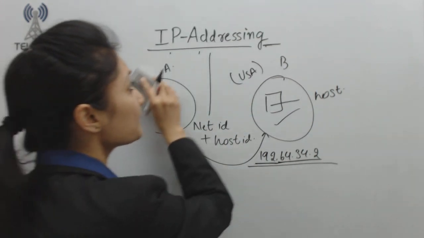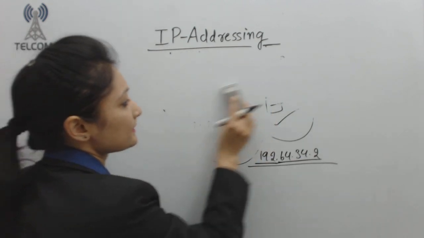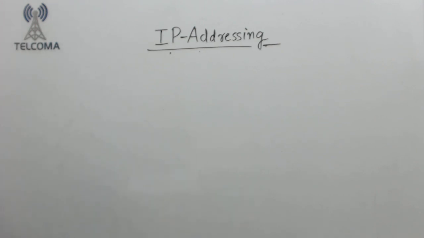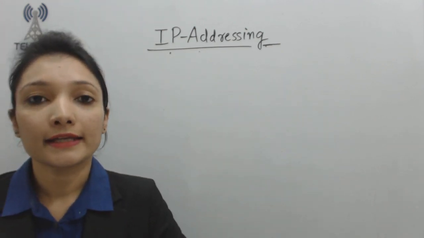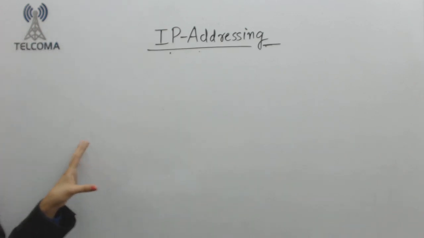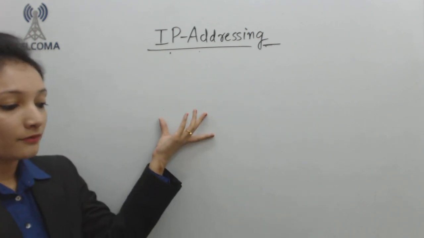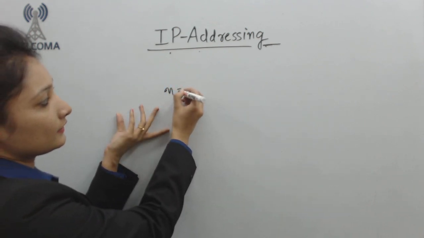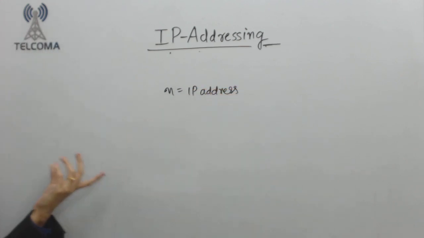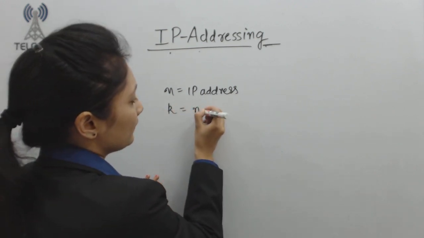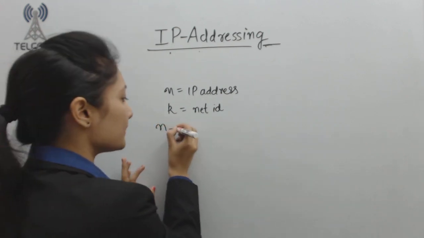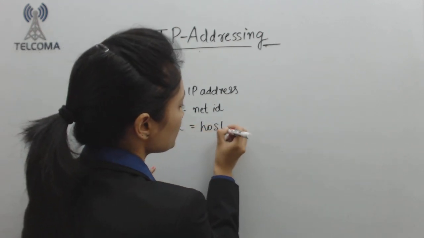Now, in this IP address, we have the concept of classes. That's how these IP addresses are divided. Initially, we didn't have any classful addressing scheme. We just had a static scheme. For example, if we have n IP address bits, and k is the net ID, then n minus k are your host IDs.